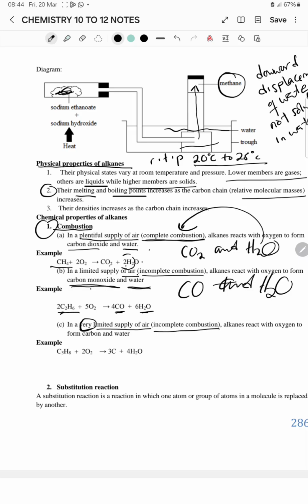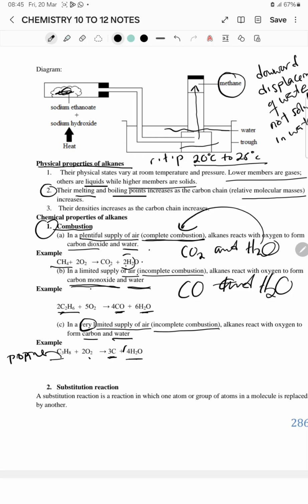Alkanes react with oxygen to form carbon and water. Because this one has 3 carbon atoms, it is called propane, the third member of the alkanes. They react with oxygen to form carbon and water, and that is the balancing.